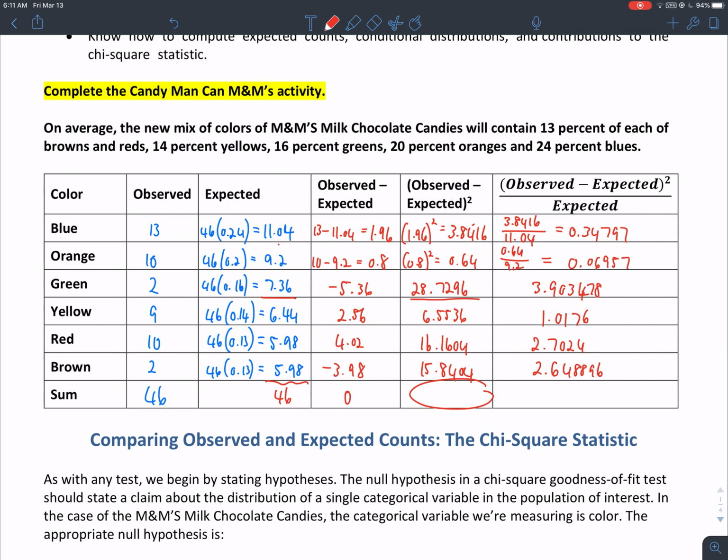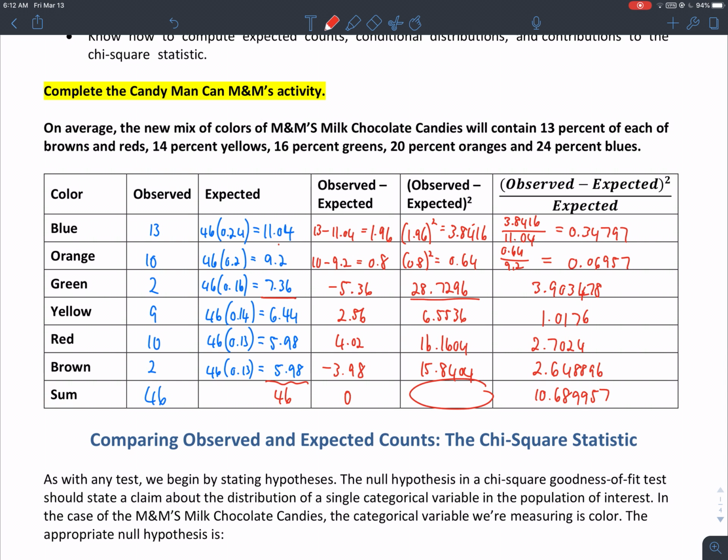And if we add up all these numbers, this is kind of a measure of how far away the blue is from what I expected compared to what I expected. This is a measure of how far away the orange is from what I expected relative to the expected, and so on. So if I add up all those numbers, what you end up with, I think, is about 10.689957, something like that.